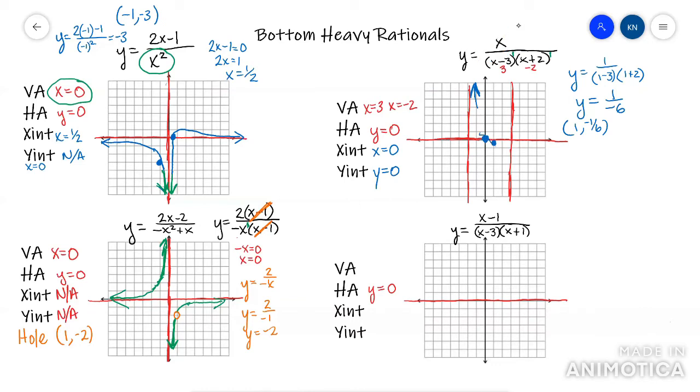So I would have to slice through here like this. And if I slice through like that, then I've got to level off before I hit that asymptote. I have to go vertical before I hit that asymptote. I have to go through that coordinate. And then I can't cross that other asymptote like this. So I know that section of line.